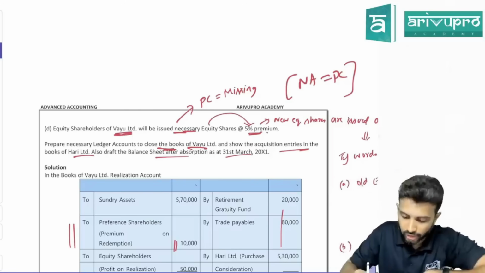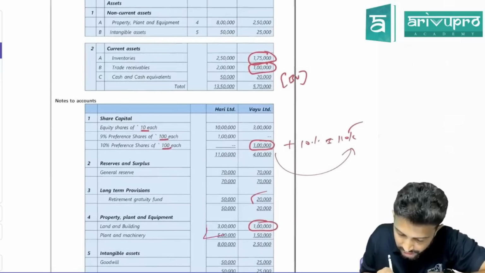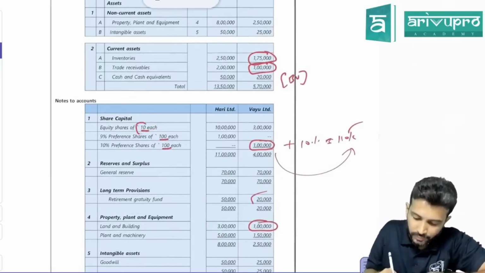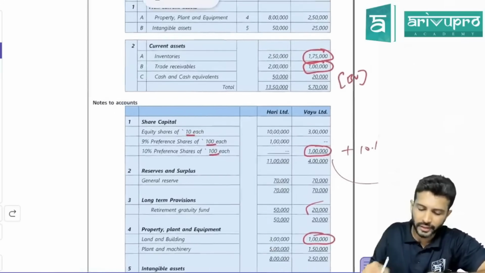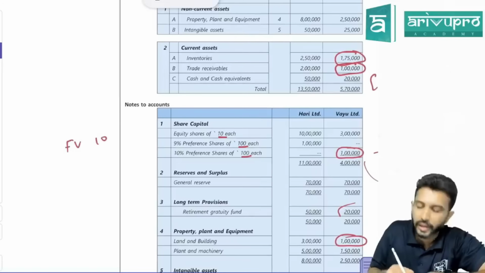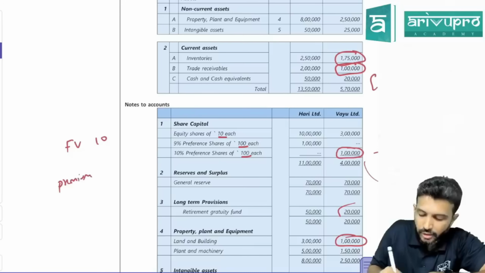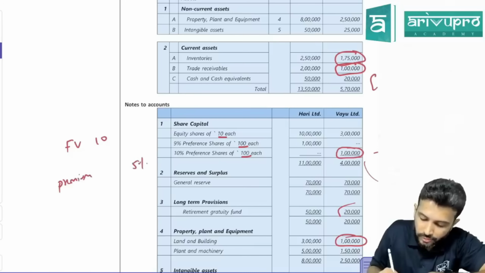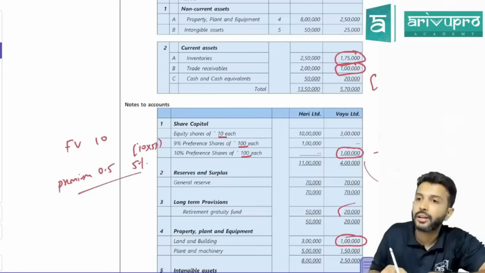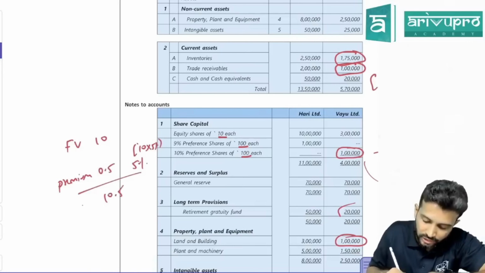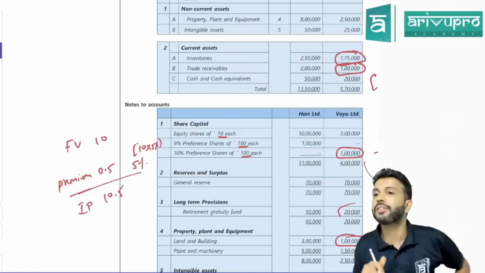Comfortable? Okay. So what is the face value of equity shares of Hari Limited, sir? 10. Face value is 10. It is issued at a premium of how much? 5%. So calculate 5% of 10. 5% of 10 is 0.5. Correct? That means the issue price is how much? 10.5. Do you agree with me?